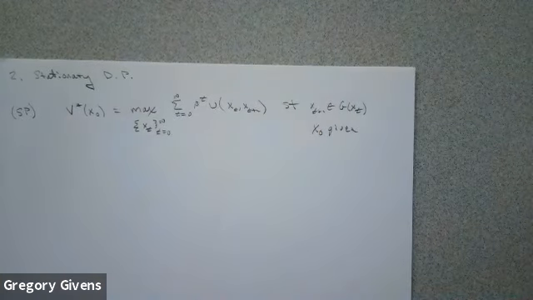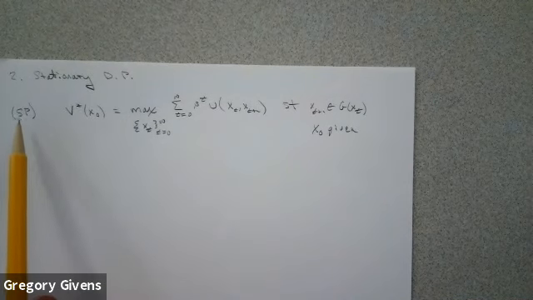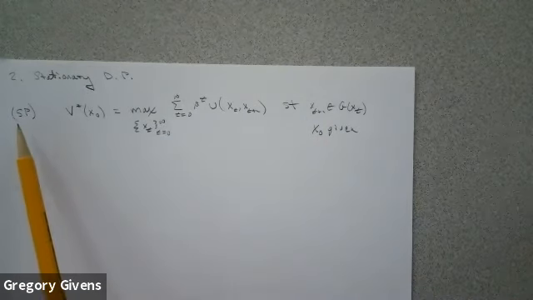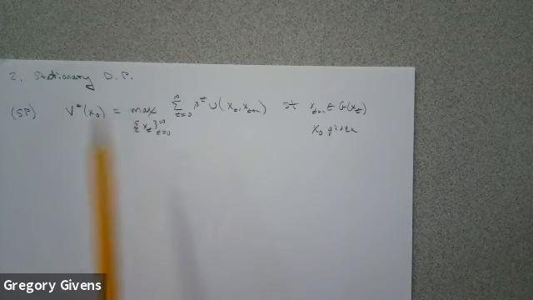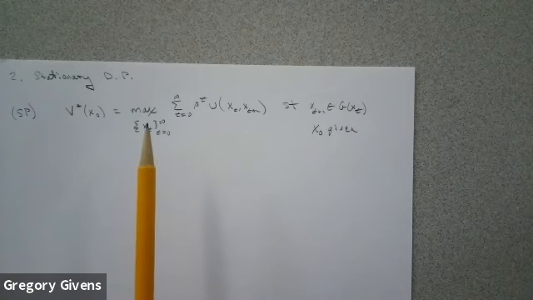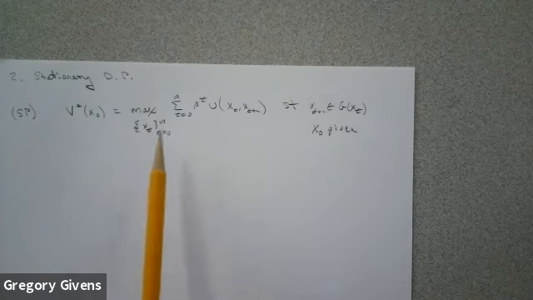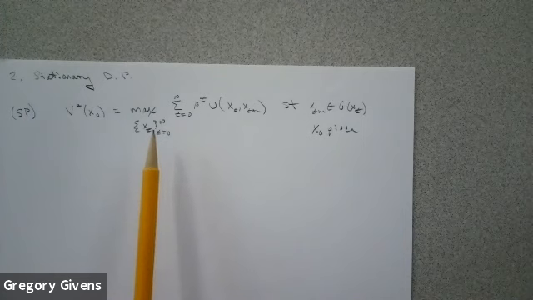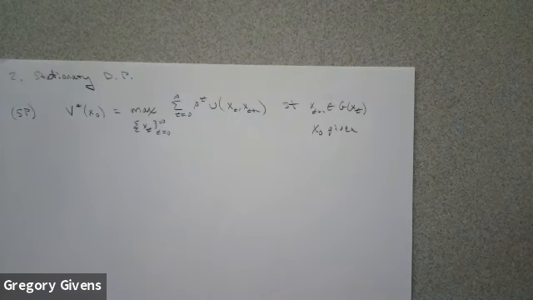SP corresponds to sequence problem. That is a version of this infinite horizon optimization problem that I want to talk about here for a minute. The sequence problem, SP, involves choosing an infinite sequence of these x's, a countably infinite sequence of x's. Now, in practice, the solution to these sequence problems, that is characterizing this infinite sequence of x's, is often difficult to do both analytically or even numerically.